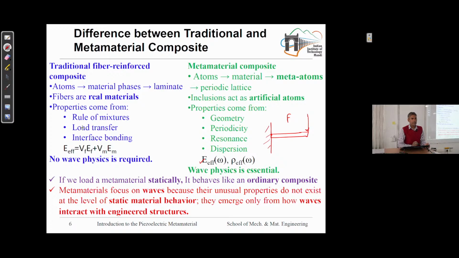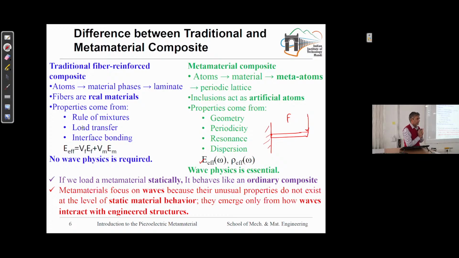So we have electromagnetic waves, vibration waves, sound waves, and even heat waves. If heat has fluctuations or is transient, then you will have fluctuation in the heat, and we can say heat waves. So wherever we have waves, we can use metamaterial.